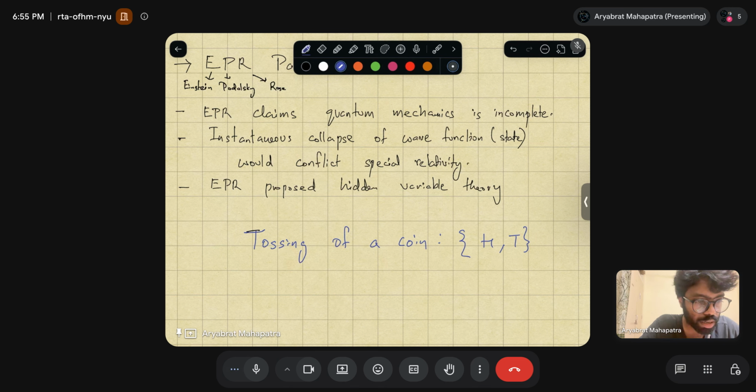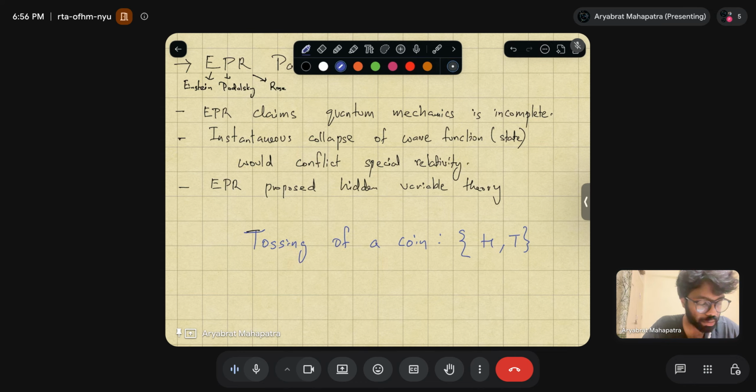That was the idea even in quantum mechanics, that people like Einstein, Podolsky, Rosen were proposing: that there are certain pieces of information which we are unable to access, because of which we see a lot of counterintuitive outcomes.